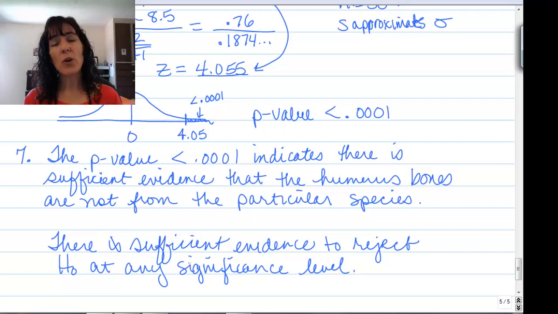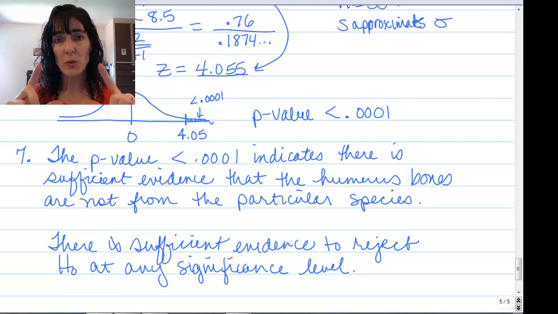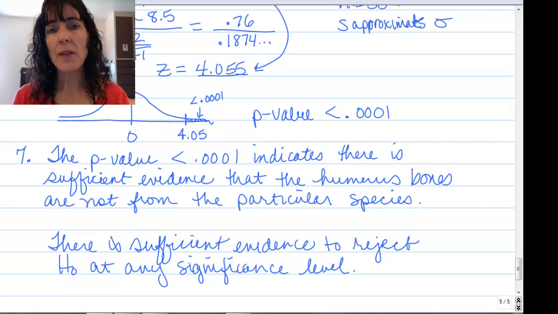Okay, so if we're actually looking at bones, and this is what the researchers are going to do, they'll look at the average length-width ratio for a particular humerus bone, that's your upper arm, and then they'll get a sample of bones from a dig, 41 in this case, and they identified them as humerus bones by all the different characteristics of humerus bones, and then they do a length-to-width ratio on that sample.